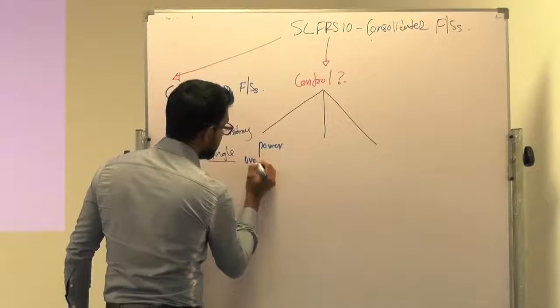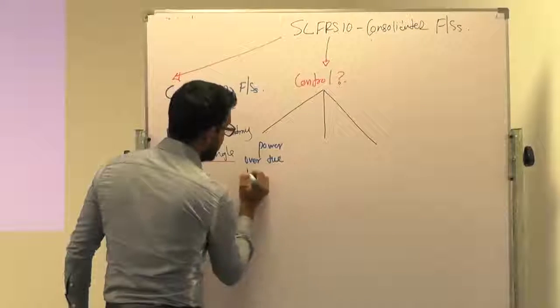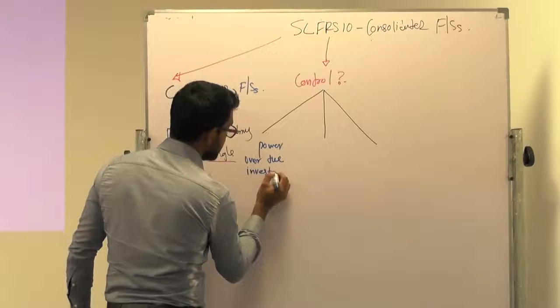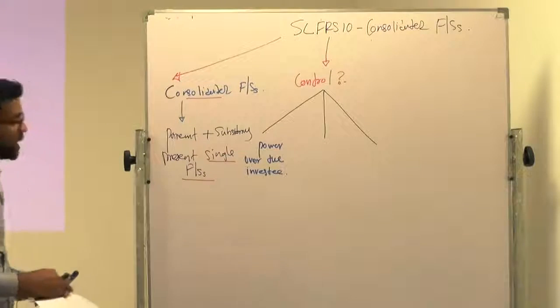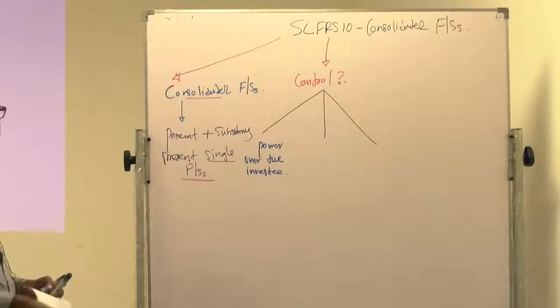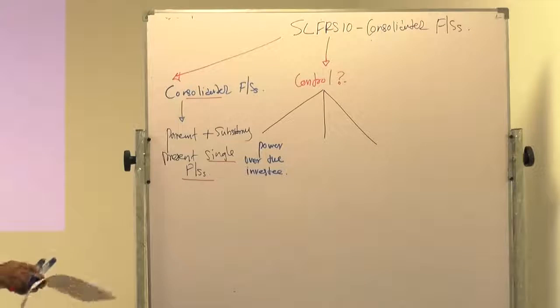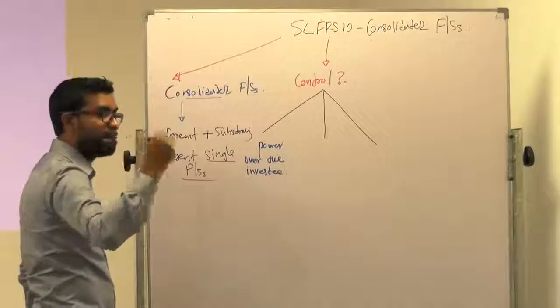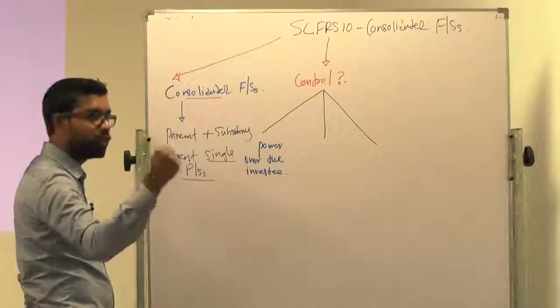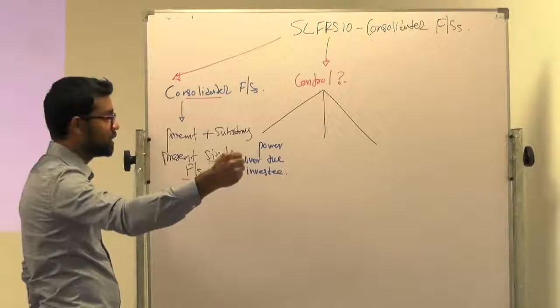These are words from the standard, so I can't change them, because you are referring to the standard book in the exam. Investee means your subsidiary. How much power you have over the investee.